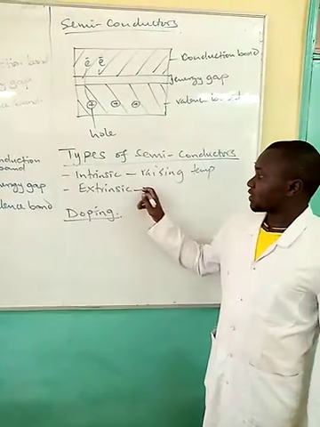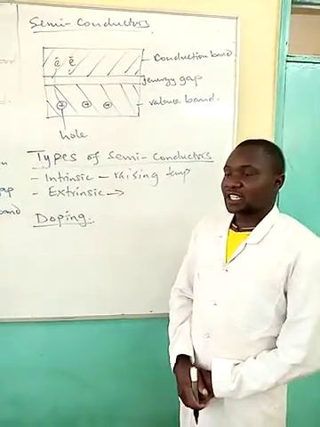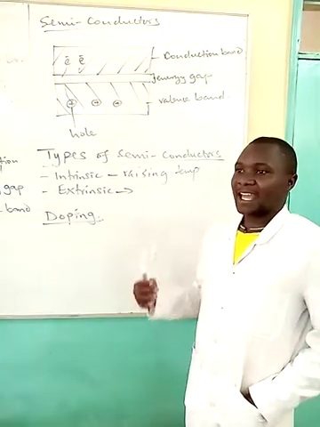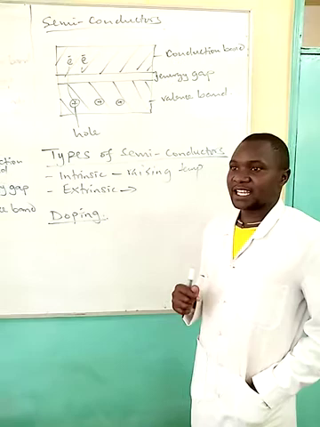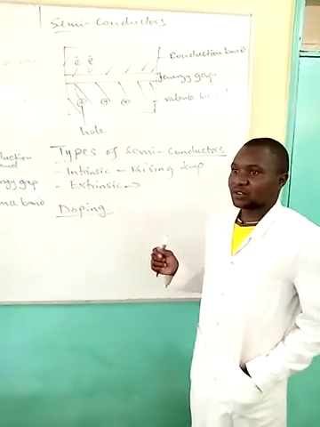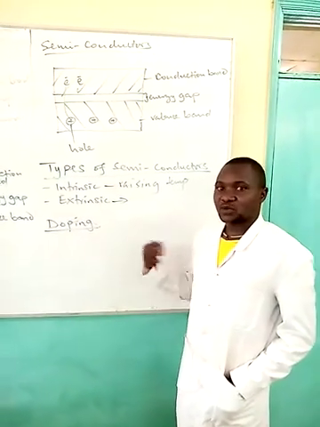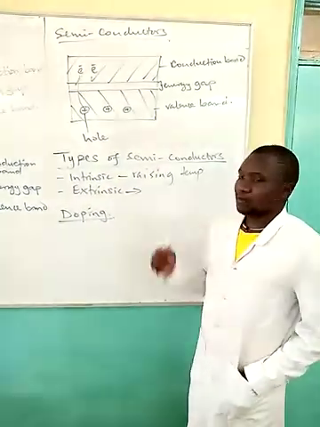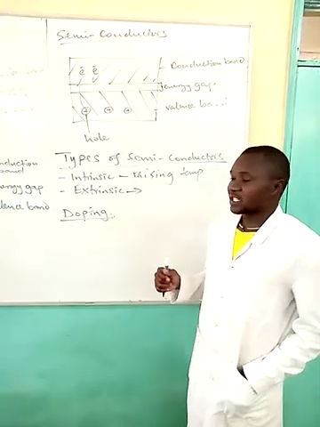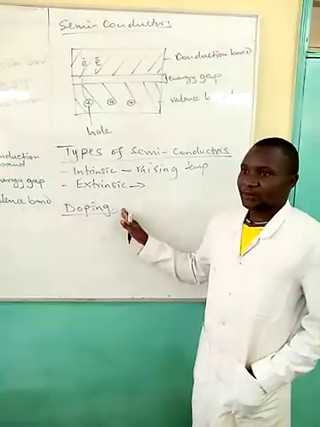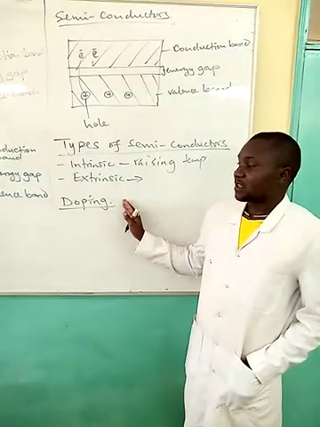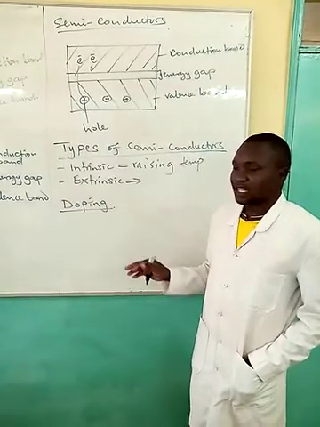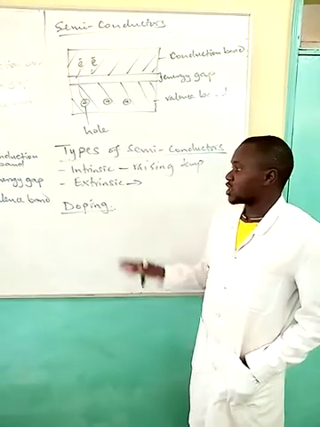Extrinsic semiconductors are semiconductors whose electrical conductivity can be improved by adding a small amount of impurity. You take another atom or element, and we add it. That is what we call an impurity. The process of adding a small amount of impurity to a pure semiconductor to improve its electrical conductivity, we call doping.